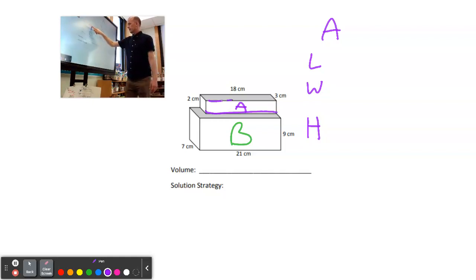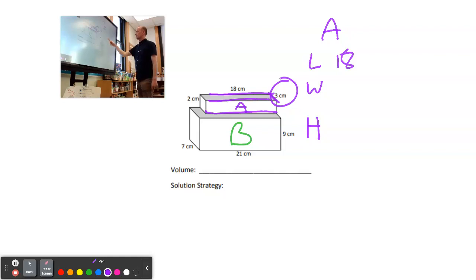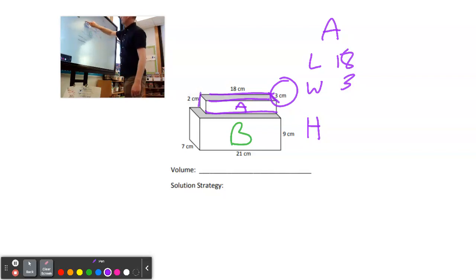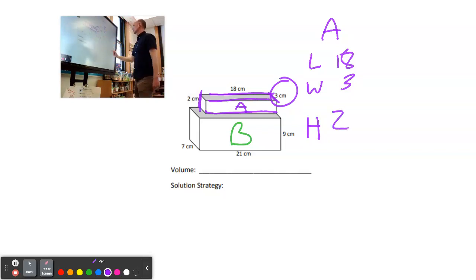This line is this line is this line, right? They're all the same, so that means the length is 18. Then we want the width. How far back it goes, and that's here. That's 3. And then we want how tall this sucker is. And that is here, 2. All right.